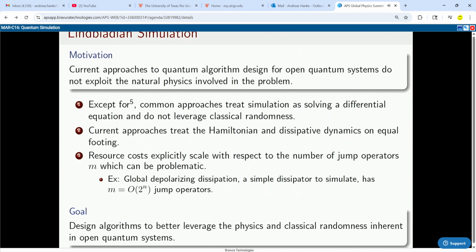For example, a lot of the common approaches treated simulating Lindbladians as simply solving a differential equation, not leveraging the fact that there is this classical randomness involved.